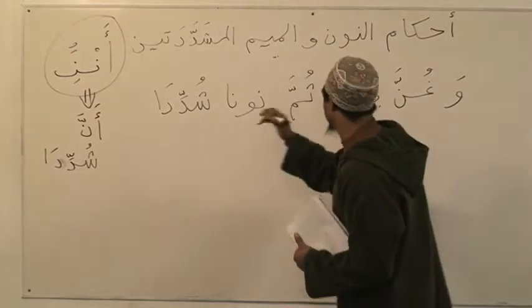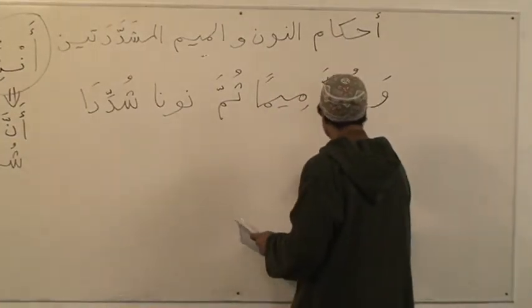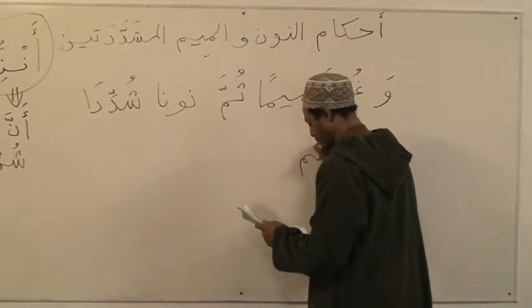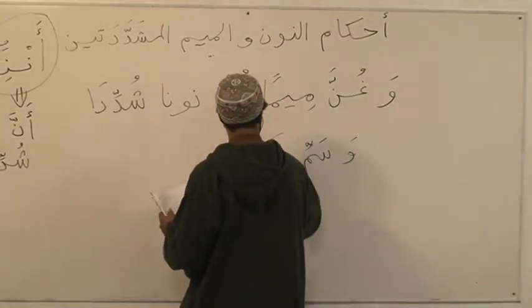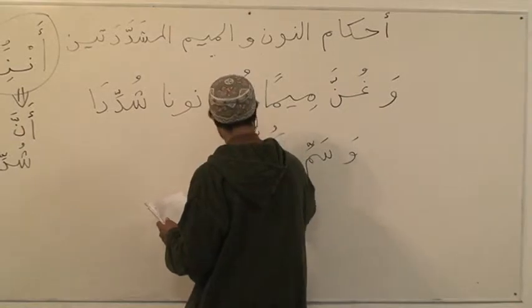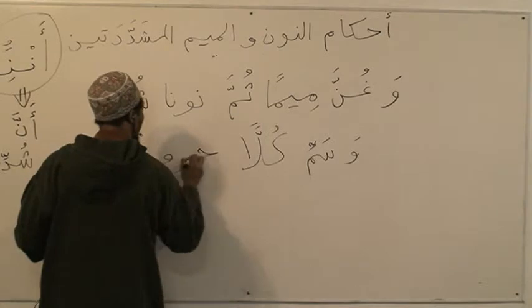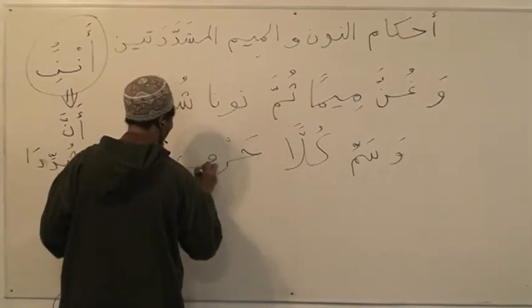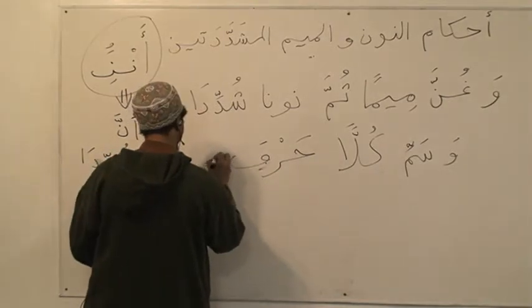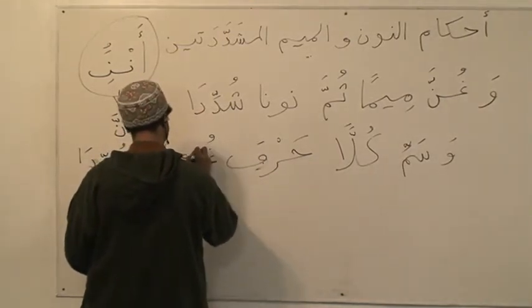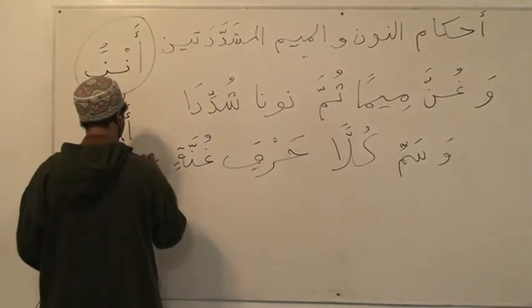Going right along. وَغُنَّ مِيمًا ثُمَّ نُونٍ شُدِّدَ وَسَمِّ كُلًّا حَرْفَ غُنَّةٍ بَدَا.